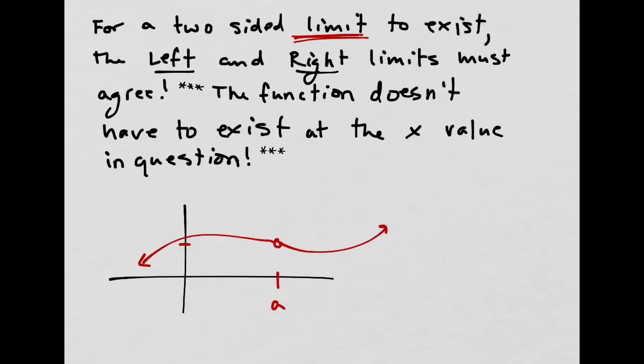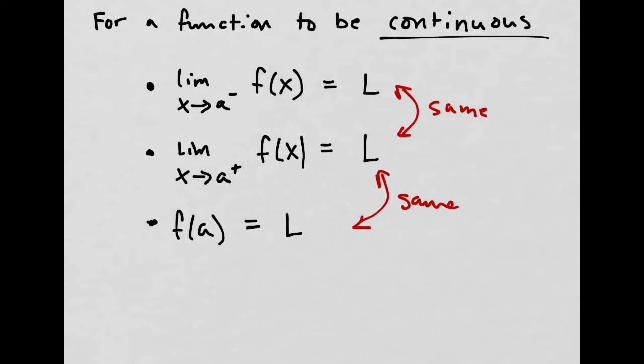So I guess we should write down the definition of continuity again. For a function to be continuous, the left-sided limit, the right-sided limit, and the evaluation of the function when x equals a all have to agree. So there's the difference between continuity and a limit existing. The first two conditions are just for a two-sided limit to exist, but if you add in the third condition, then you get continuity.